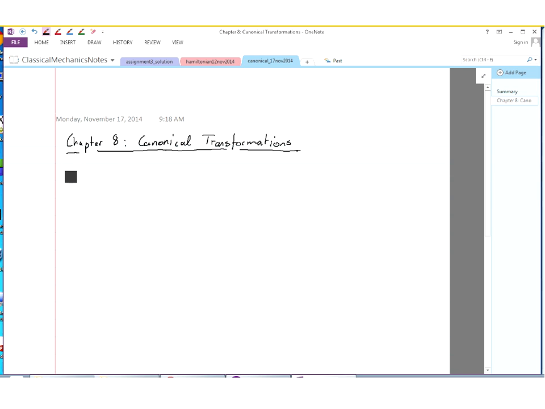So the idea of these canonical transformations, very generally, is a canonical transformation of the coordinates and momenta. We write it like this. We write that the p_i will go to the capital P_i, so that's the transformed coordinates.